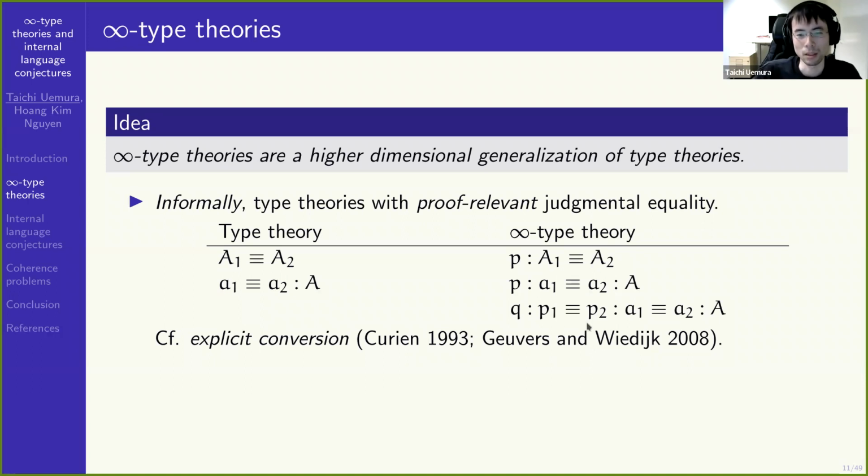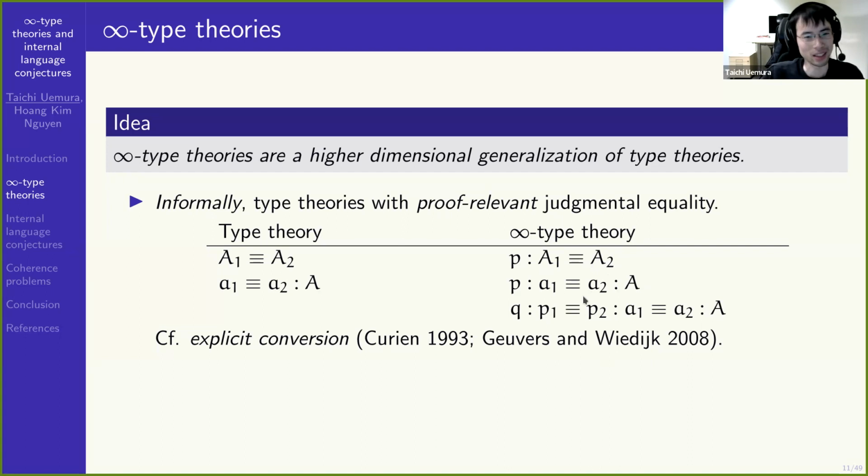So it is natural to consider higher dimensional equalities between equalities. So it looks like some infinity thing. This may be compared to some type theory with explicit conversion like this. Okay, but this is a really informal explanation, and this is not quite the definition of infinity type theory.